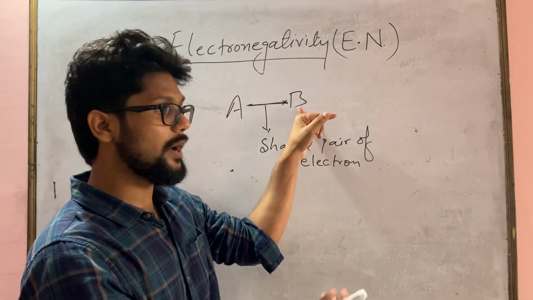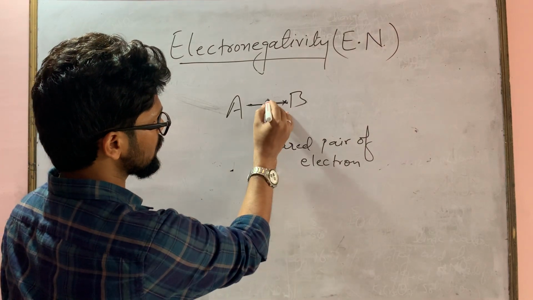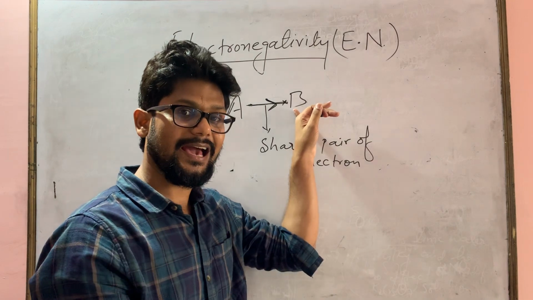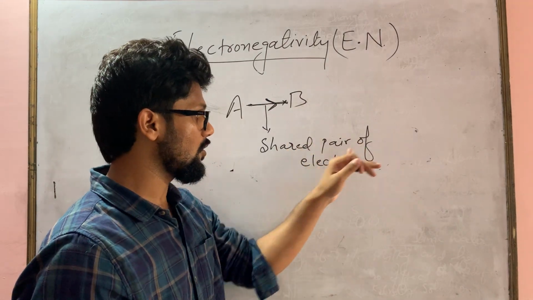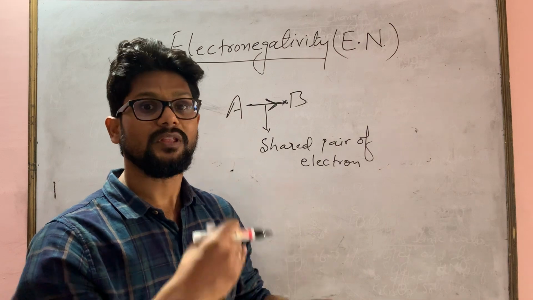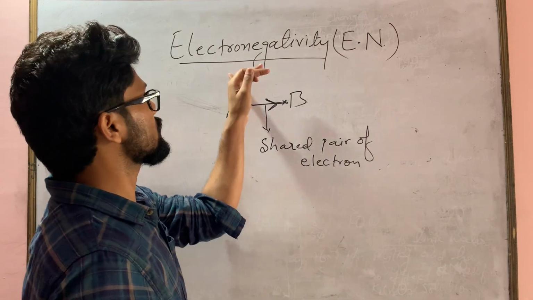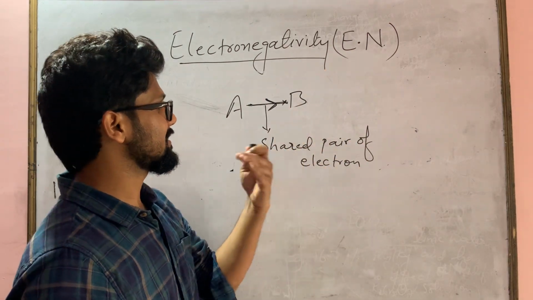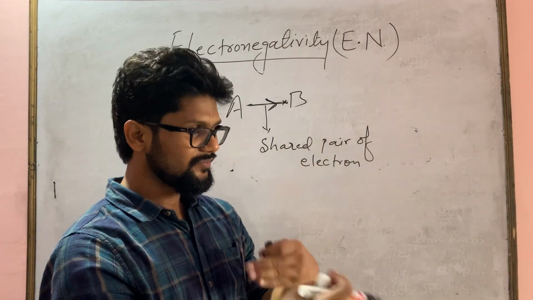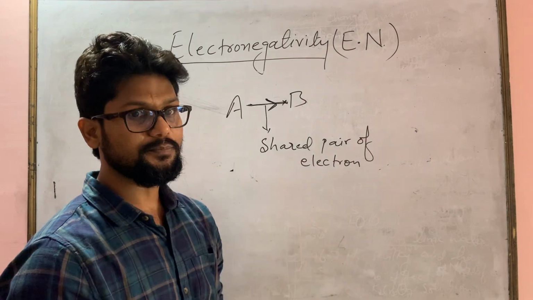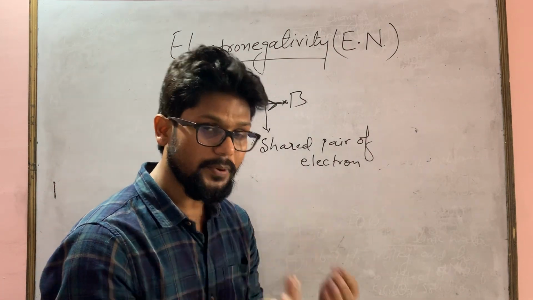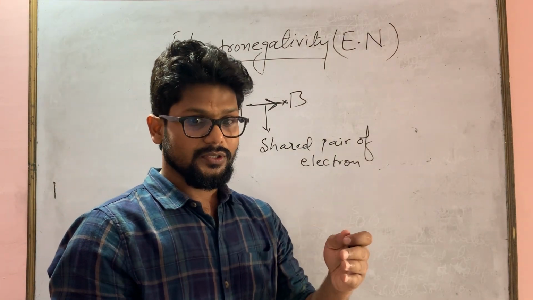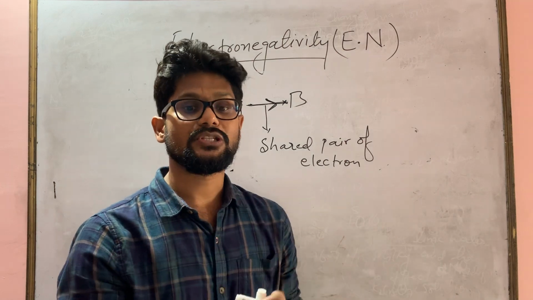B has the tendency to attract the shared pair of electrons towards itself. That property is called electronegativity. It means B is attracting, or accepting, the paired electrons towards itself. This is called electronegativity.